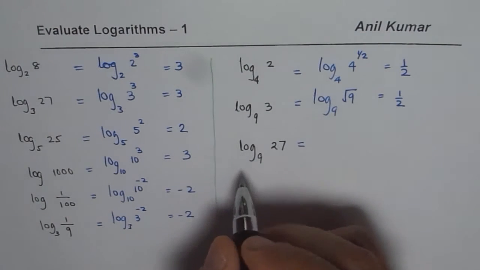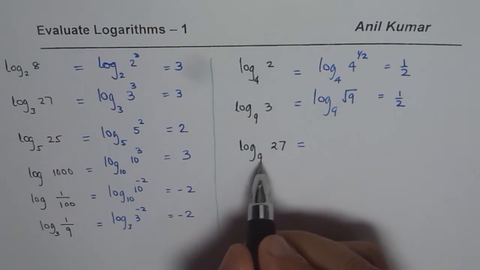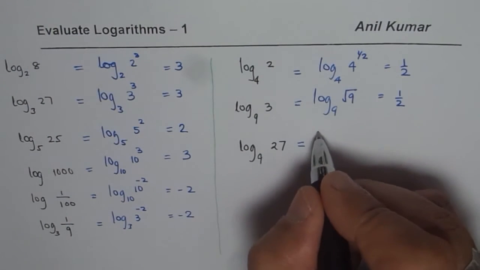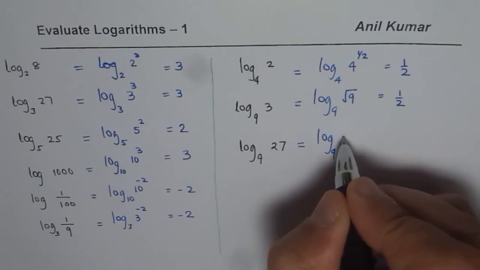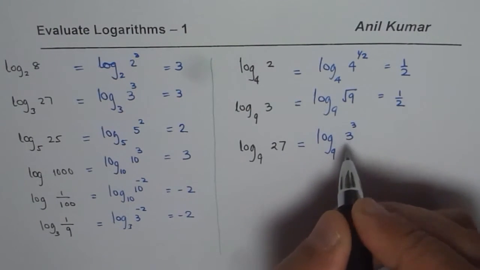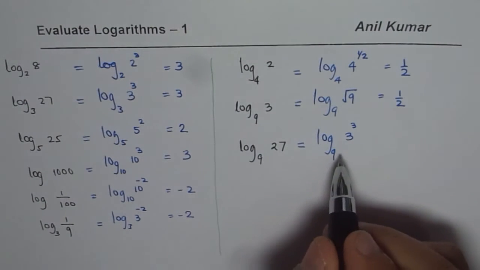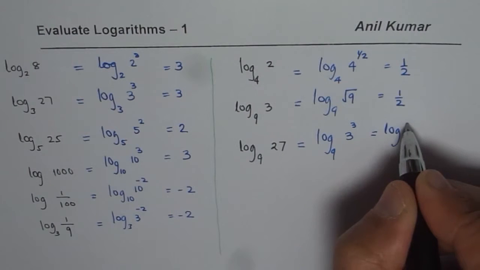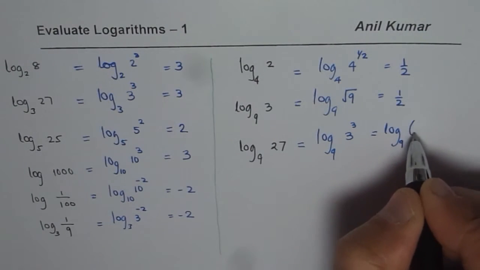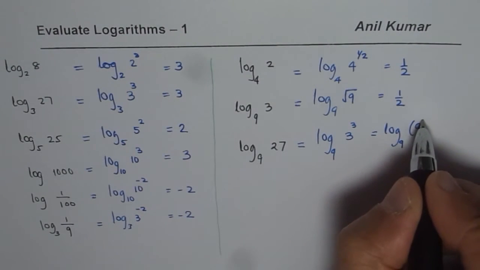Now this is kind of tricky. We have to write 27 as a power of 9. We know 27 is 3 cubed, right? But we want to write 3 as a power of 9. We know we can write 3 as 9 to the power of half.